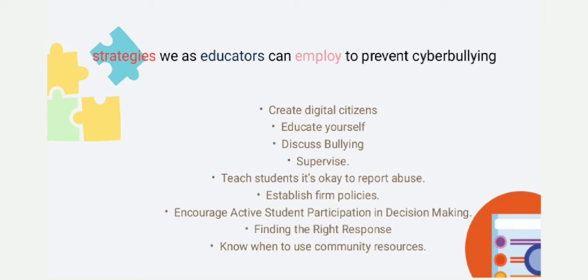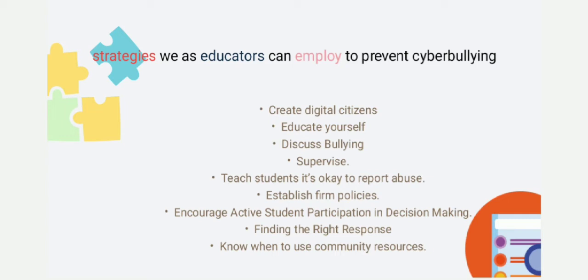Last strategy is to know when to use community resources. There may be situations that require the intervention of the community. It is when the problem is already worse. So we can use community resources such as counselors, administrators, and law enforcement. Cyberbullying needs to be taken seriously, and getting the community involved may prevent larger problems.